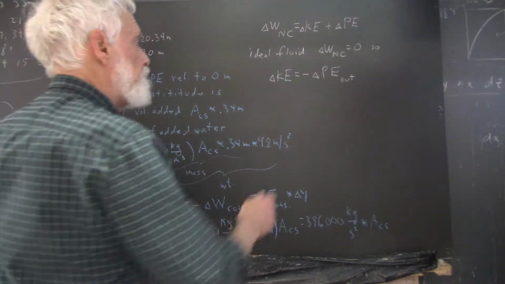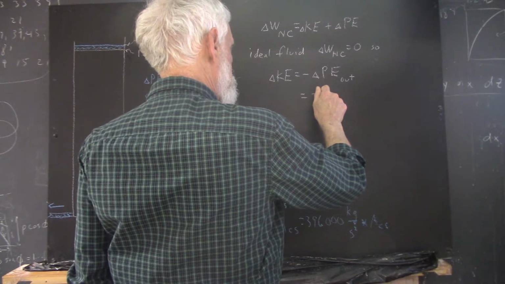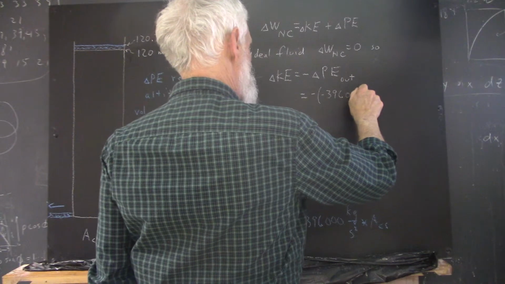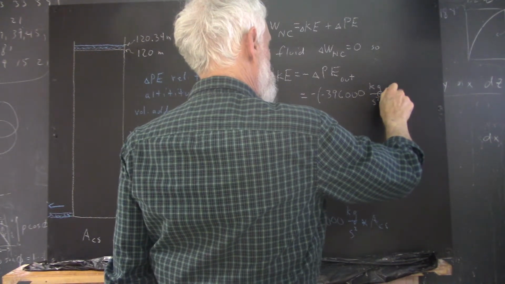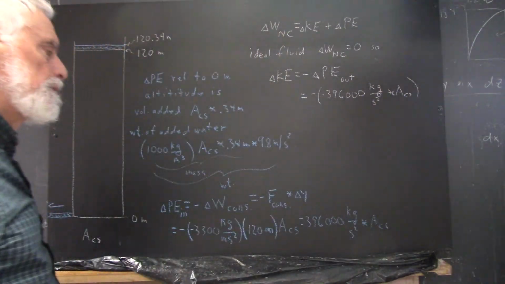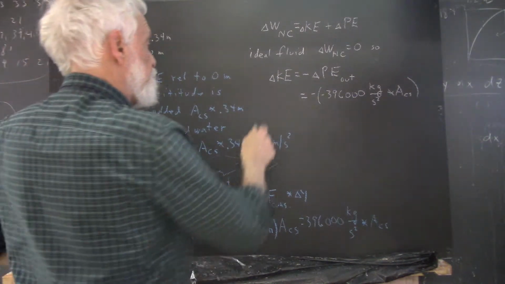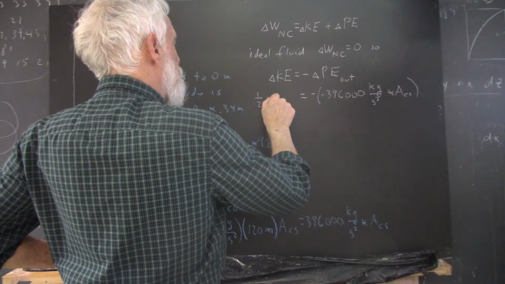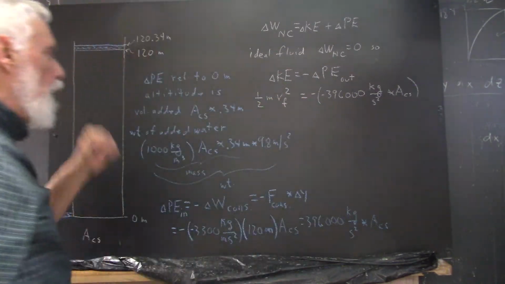So that's going to equal negative 396,000 kilograms per second squared times cross-sectional area. Now, what is the change in potential energy? That's the change in kinetic energy. That's the 1/2 mVf squared.